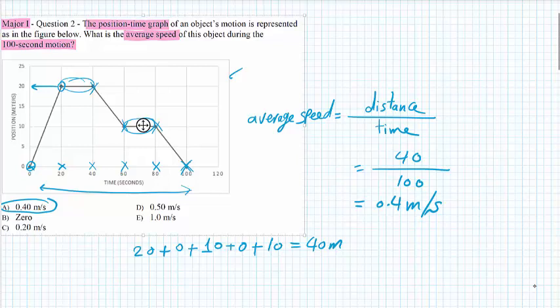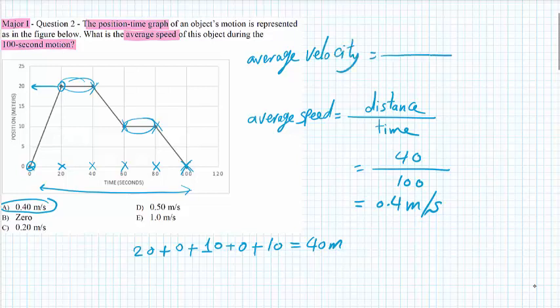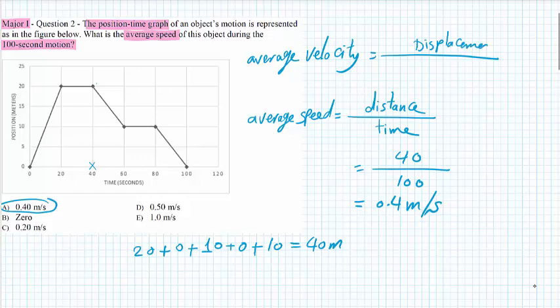What if he's asking you about the average velocity? Let's say he wants to find the average velocity during the first 100 seconds. Average velocity is displacement over time. What's the displacement?